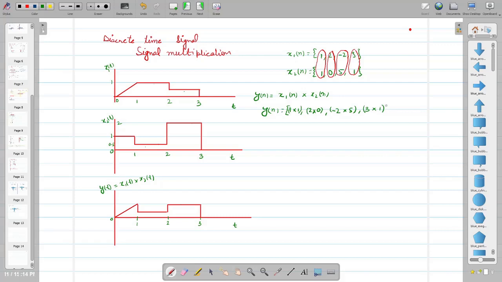So we have to multiply all these, and we landed with the equation 1, 0, minus 10, and 3. So this is the equation we landed with.